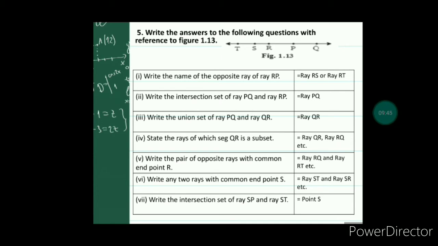Answer is ray QR, ray PQ, etc. Fifth one is, write the pair of opposite rays with common endpoint R: ray RQ and ray RT, etc. Sixth one is, write any two rays with common endpoint S: ray ST and ray SR, etc. And last one is, write the intersection set of ray SP and ray ST. Answer is point S.